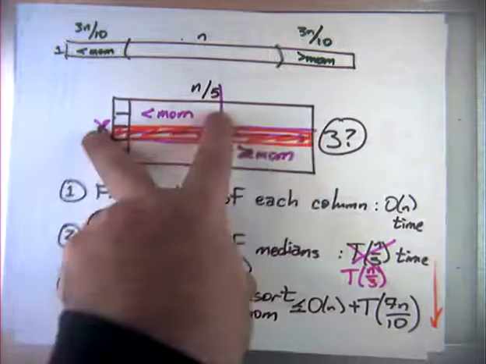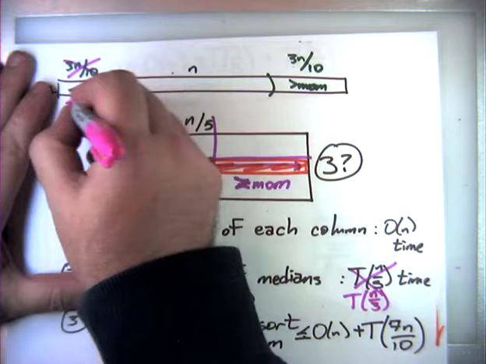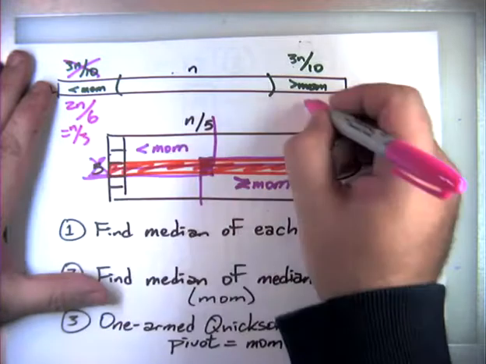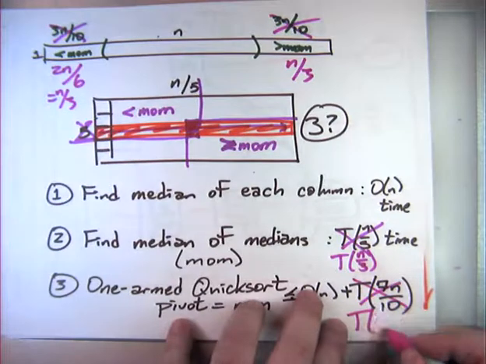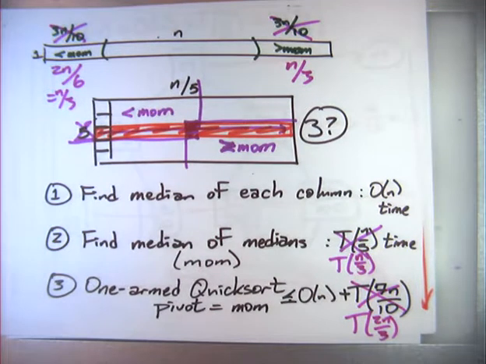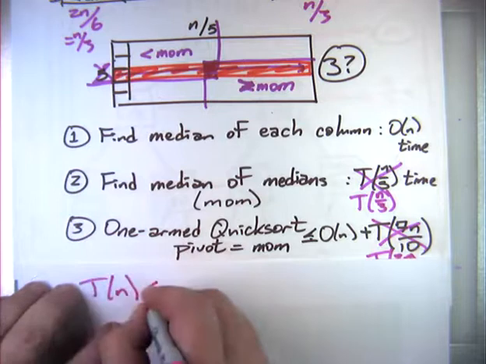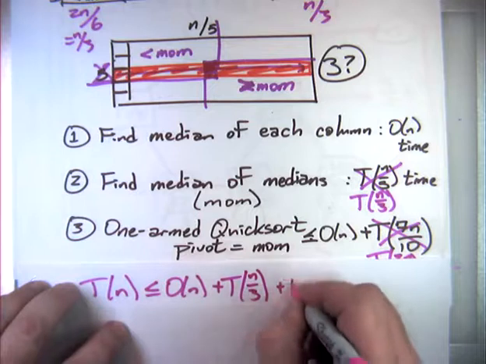Then the amount that I'm actually throwing away isn't going to be 3n over 10, it's going to be 2n over 6, which is n over 3. Which means when I recurse, I'm going to get a problem of size guaranteed to be less than or equal to 2n over 3. And so I'm going to end up with a recurrence that looks like this.